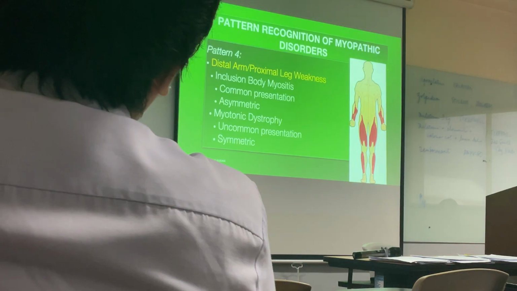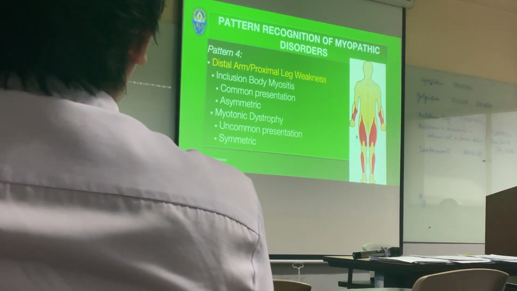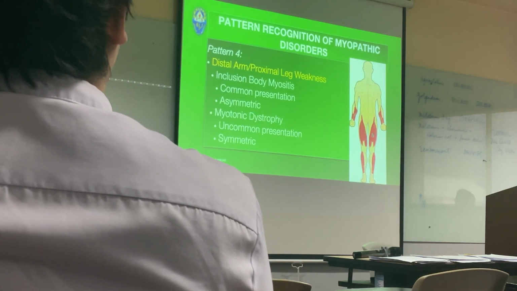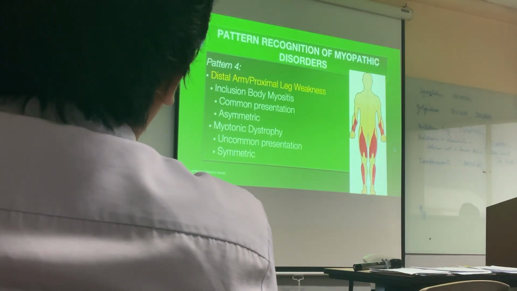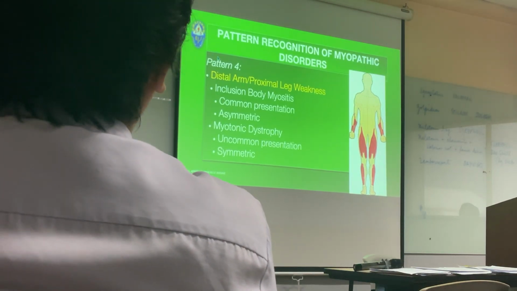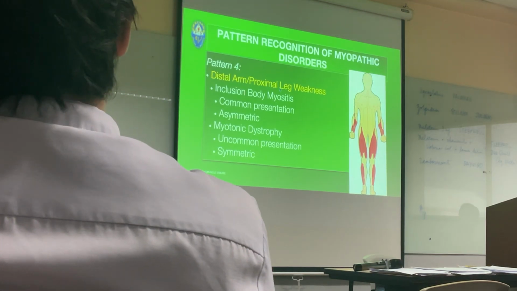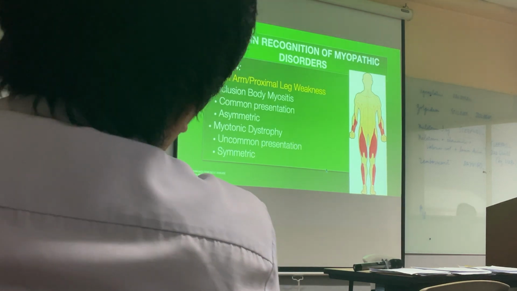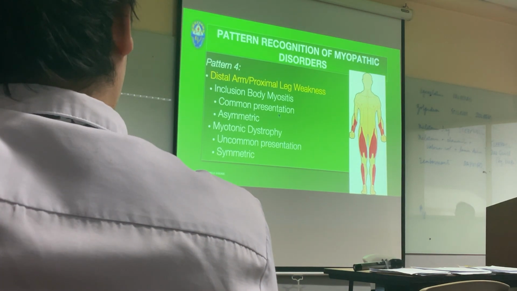But what makes it different from polymyositis and dermatomyositis is the distribution of weakness. Lower extremity and distal upper extremity. Clear? Okay. Remember question. Inclusion body myositis. What is the pattern? Clear? Myotonic dystrophy. Uncommon presentation. Leave that one.